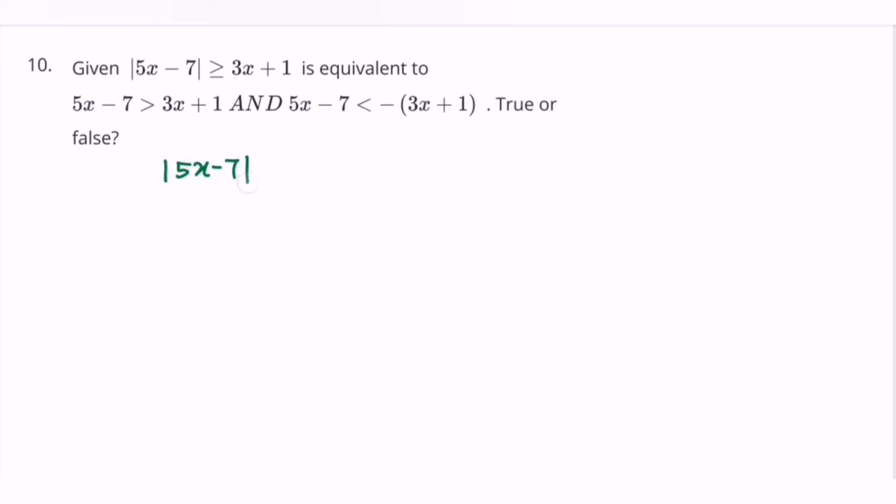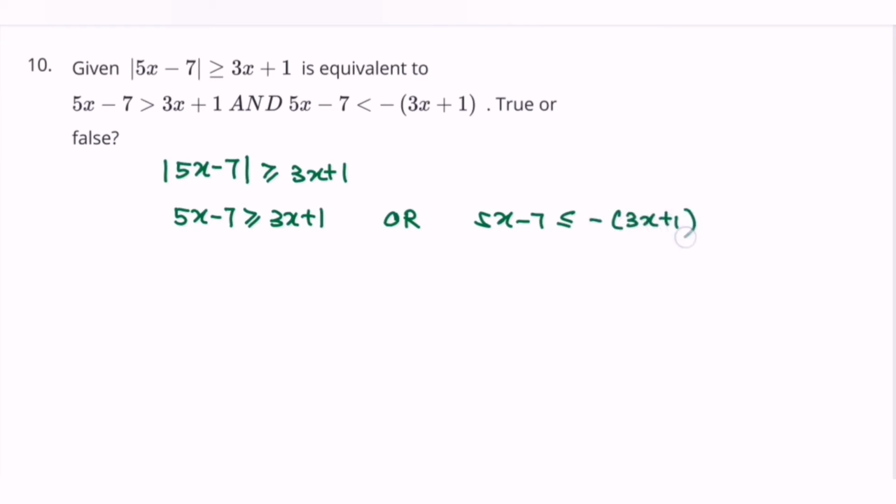For this case, it is an OR case, so 5x minus 7 greater than or equal to 3x plus 1, or 5x minus 7 less than or equal to negative bracket 3x plus 1. So the situation is false. Number 1, because there is no equal sign. Number 2, here it should be an OR case. So the answer is false.